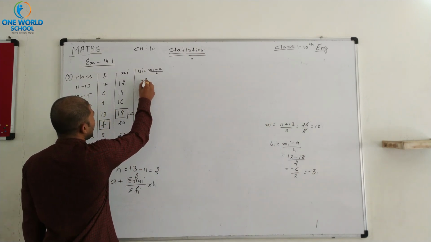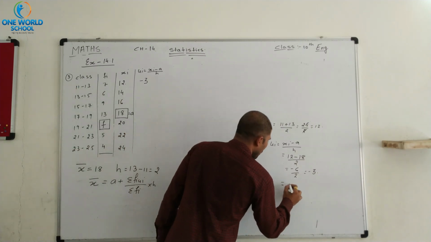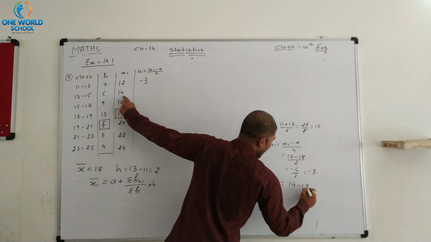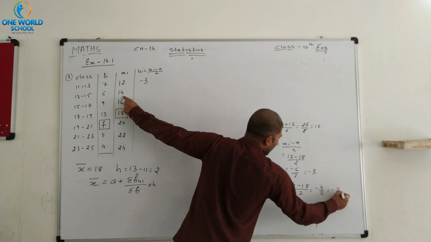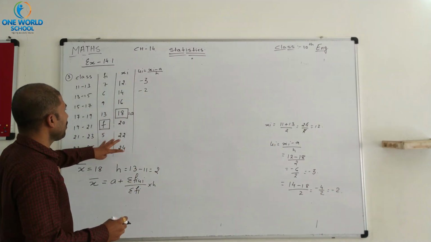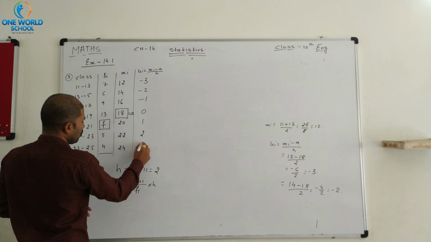So this one is minus 3. For the second one, simply 14 minus 18 by 2, minus 4 by 2, we are getting minus 2. In the same way, when we solve each and every value, we are getting it like this: 18 minus 18, 0, 1, 2, 3.